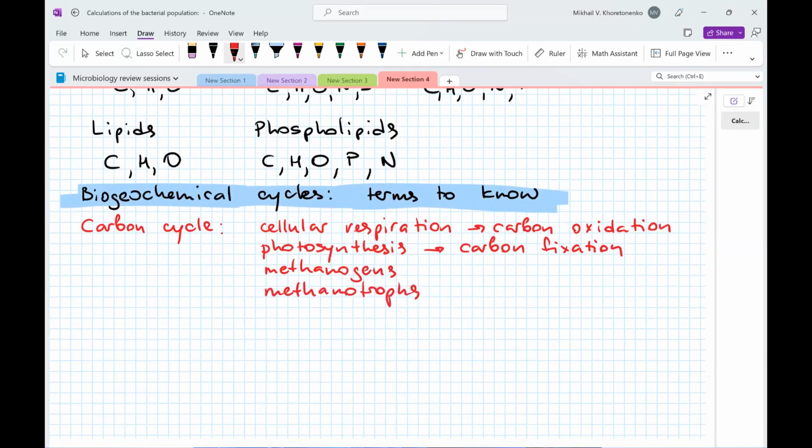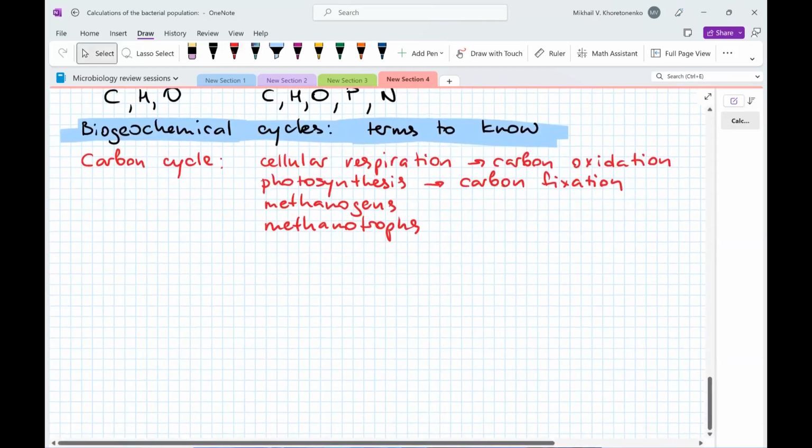When I say know the terms, understand what they do. What happens during cellular respiration? Organic carbon is oxidized to inorganic. What happens during photosynthesis? Inorganic carbon is reduced, fixed into organic. What do methanogens do?